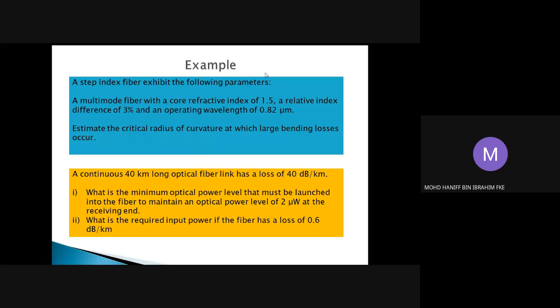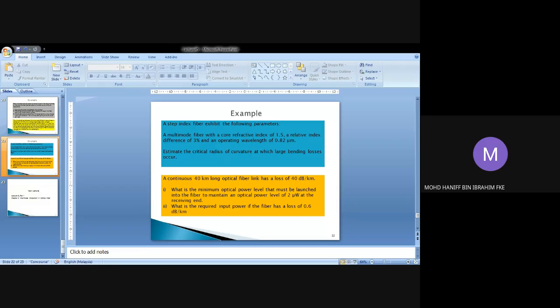But let us solve this question first, which is on the calculation of radius of curvature. Okay, so let's have a look at the solutions here.